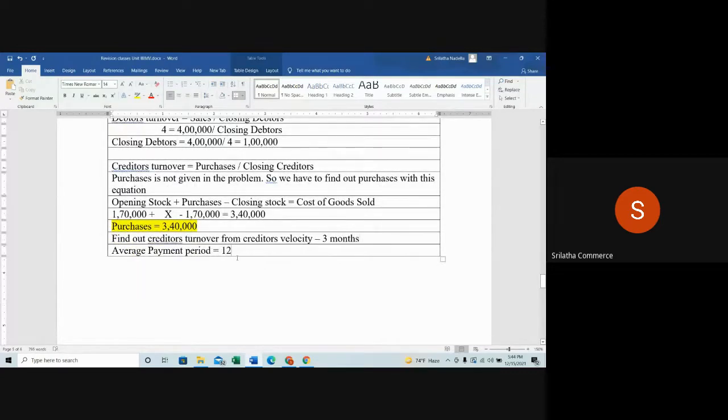So average payment period will be 12 divided by creditors' turnover. The average payment period he had given is 3 months. 3 is equal to 12 divided by X. X is nothing but your creditors turnover.